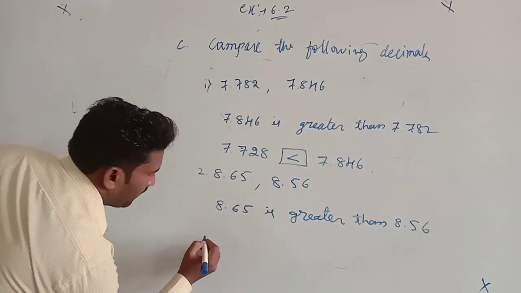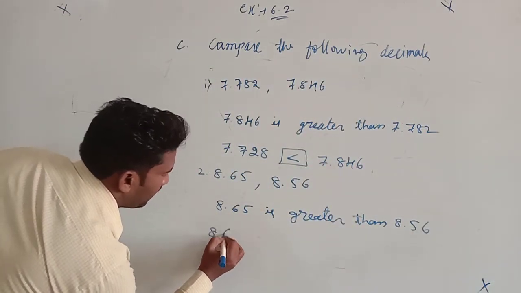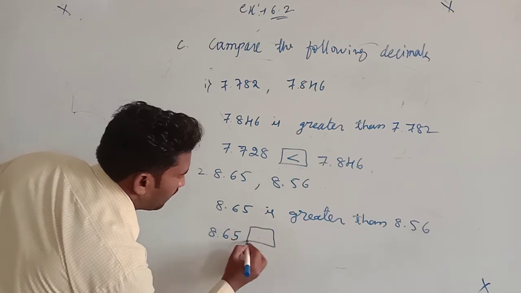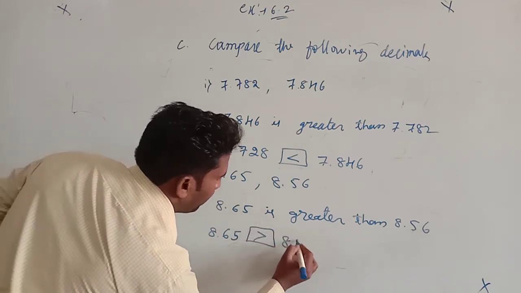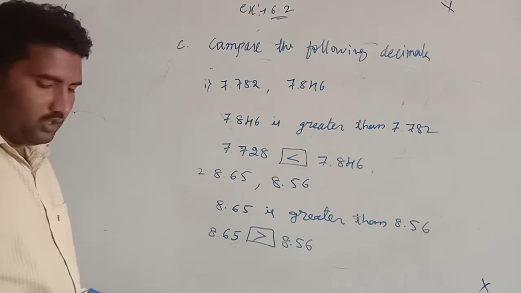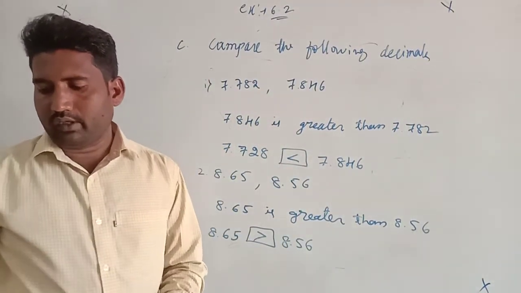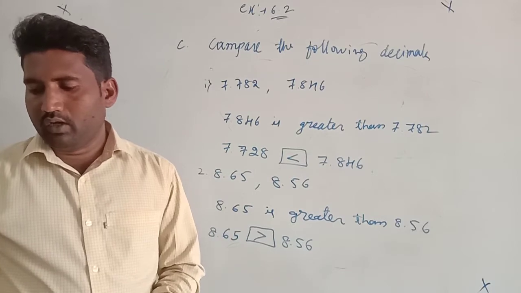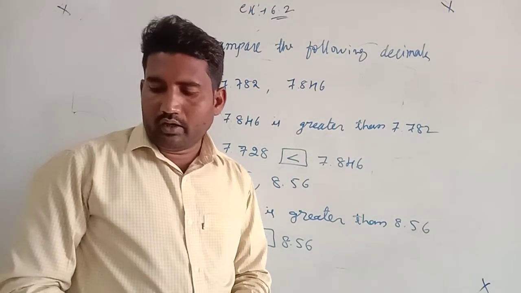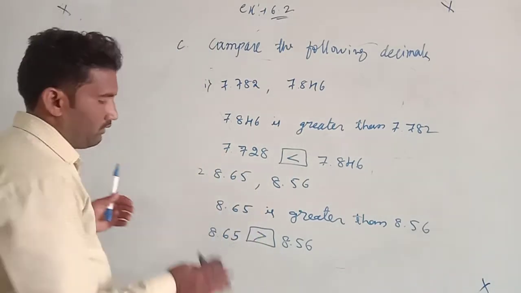So in the answer we can write 8.65 is greater than 8.56.